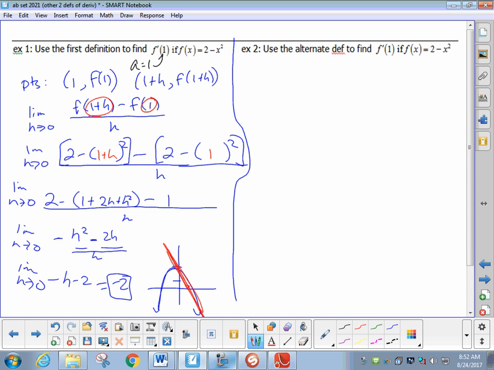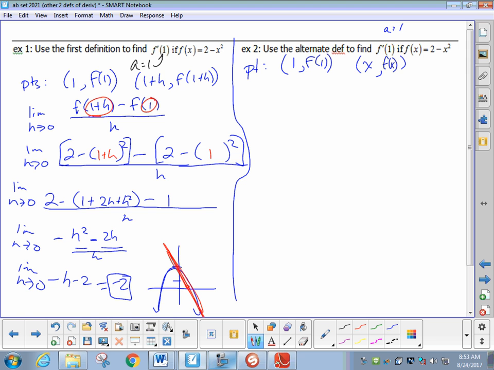So, would you, first of all, identify that in the alternate definition, the idea is that you're finding it at a certain point, 1, f at 1, and in the alternate definition, what's the other point you use? It's not the going h over thing anymore. It's just some random point x, f of x.